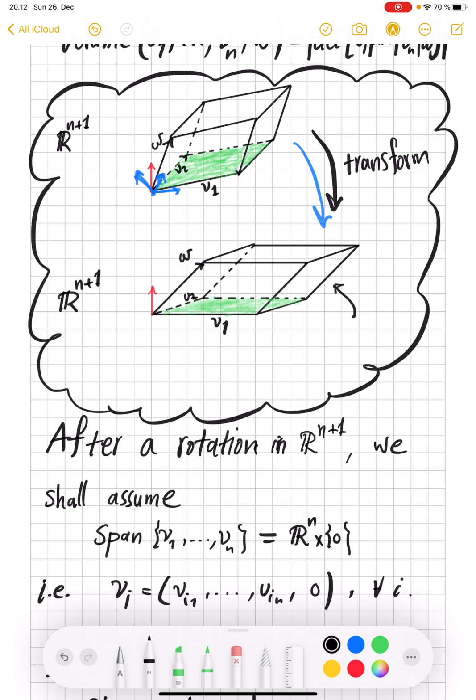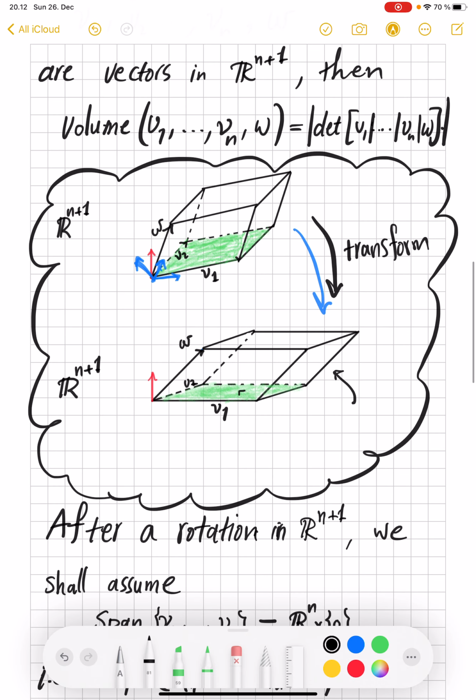So my formula so far is saying that the determinant I wanted, this determinant here, is equal to this volume times w_{n+1}. But w_{n+1} is exactly this height.